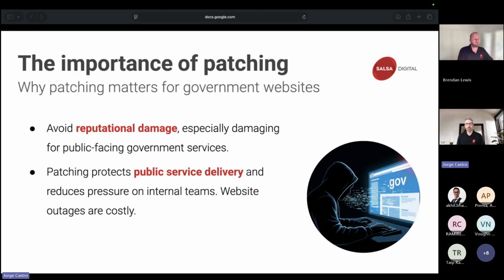Proactive patching will reduce the firefighting and the pressures on our IT systems, government IT systems. So it is crucial that we avoid massive financial and resource costs just from recovering from a major incident or an unplanned outage as well. So we don't want to be in that position once again.